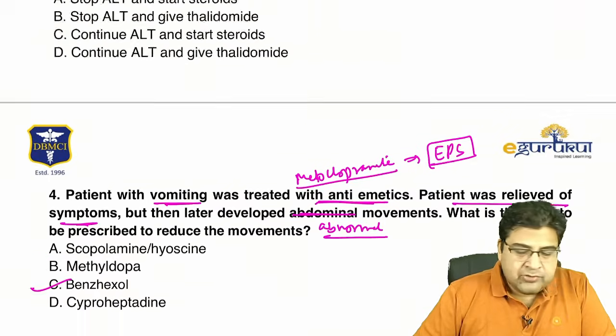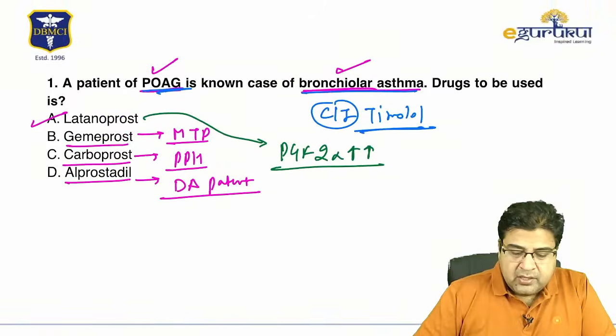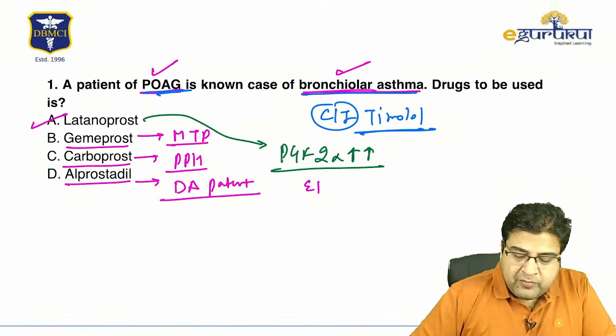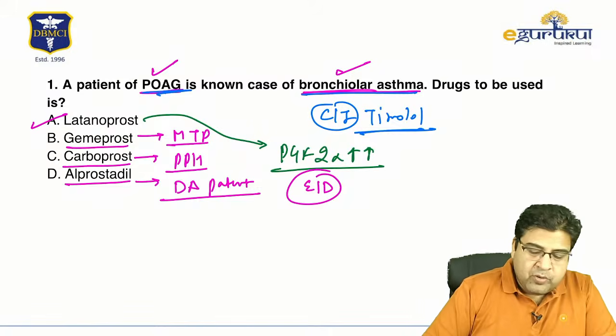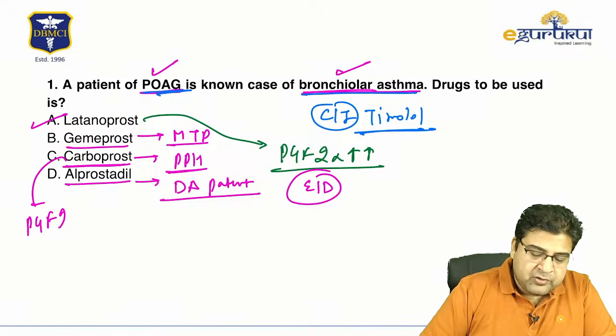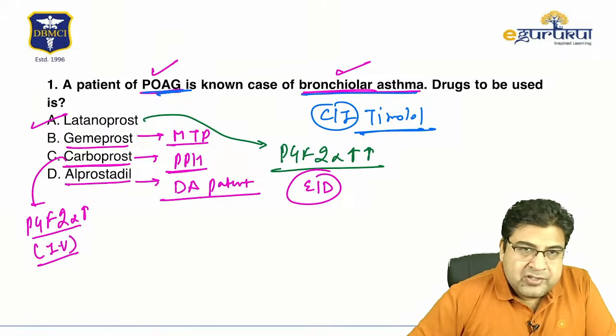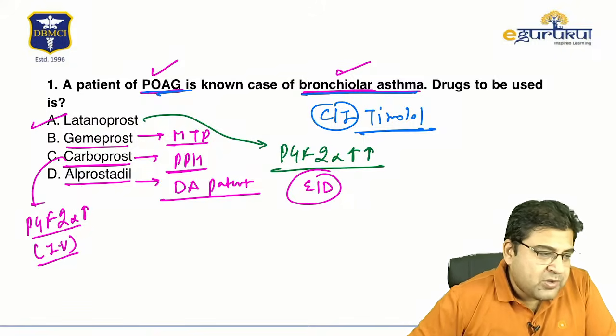Vibhu, latanoprost we are using in the form of eye drop. I am not giving it by systemic route. Carboprost is also a prostaglandin F2 alpha analog, which we give by IV route. When I give prostaglandin by IV route, this will cause bronchospasm.